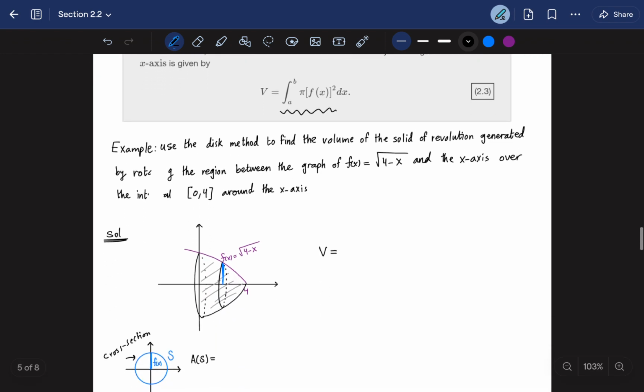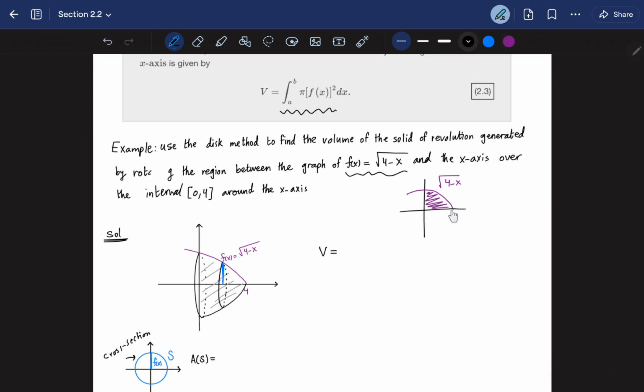For example, if I have this function here, and I know that I have the region between this function and the x-axis over this interval, and we want to revolve it around the x-axis. So you always start by graphing. So you have this function. Since I want it from 0 to 4, this is going to be my region.